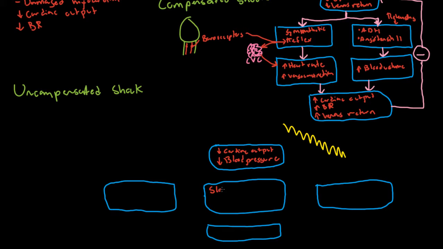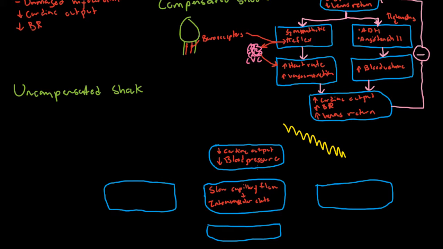So slow capillary flow. So that's a flow of blood. This low capillary flow is actually going to predispose to intravascular clotting. So, which may cause, and I'll draw an arrow for that, intravascular clots. And that's because any slow blood flow really is going to do that.